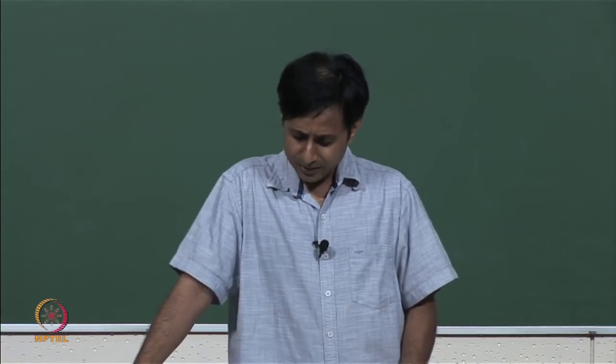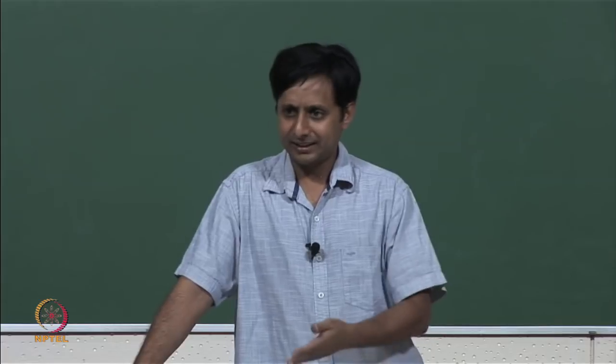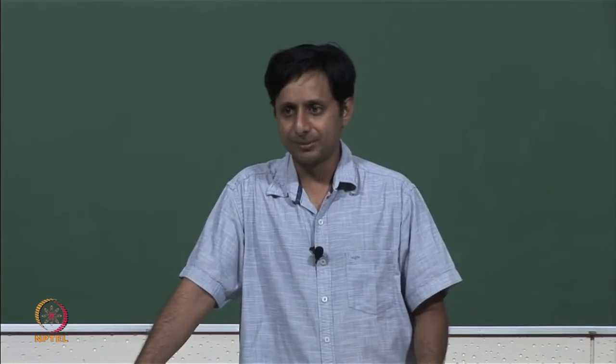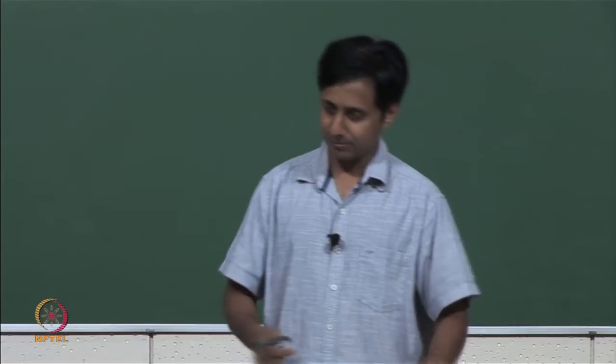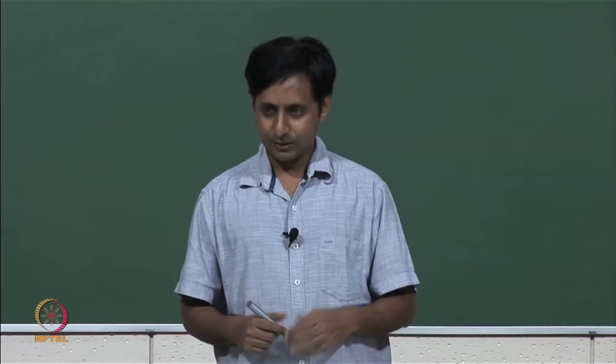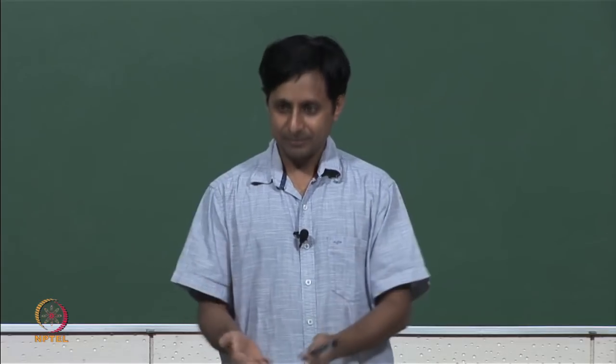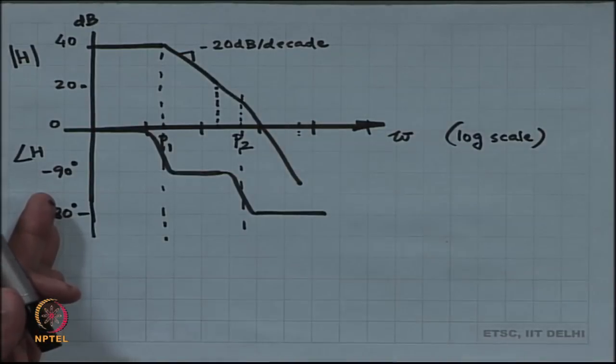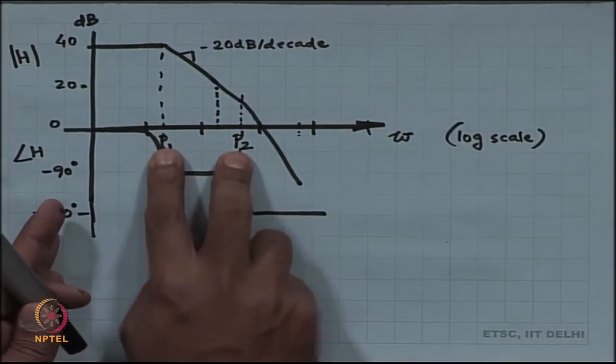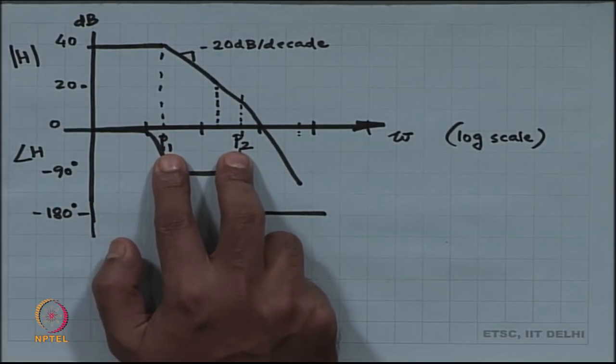Okay. So, in circuits we normally like gain and phase margin a lot, right. You draw this Bode plot, and then you can tell by looking at the plot. First of all, by looking at this plot, offhand you know that P1 and P2 are in the left half plane.